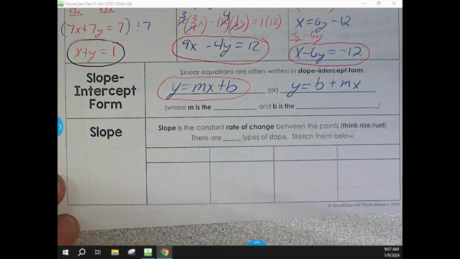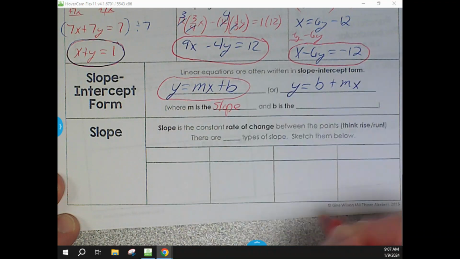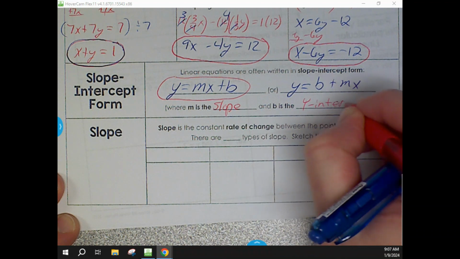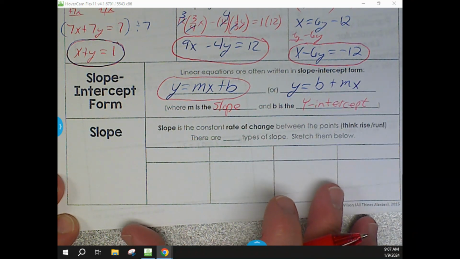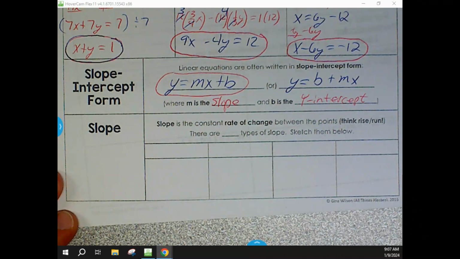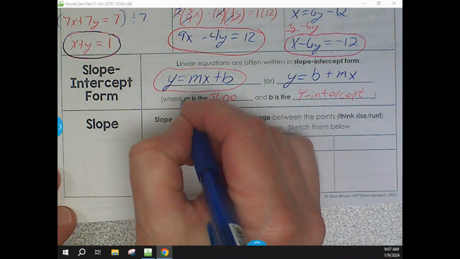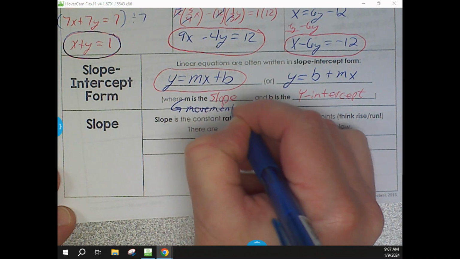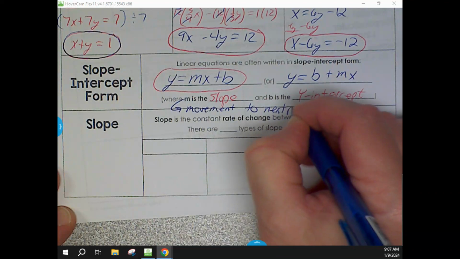So, okay, m is the slope, and b is the y-intercept. And again, I think we mentioned this the other day, but we'll make sure we do it again. When they talk about m, it's your movement to the next point.